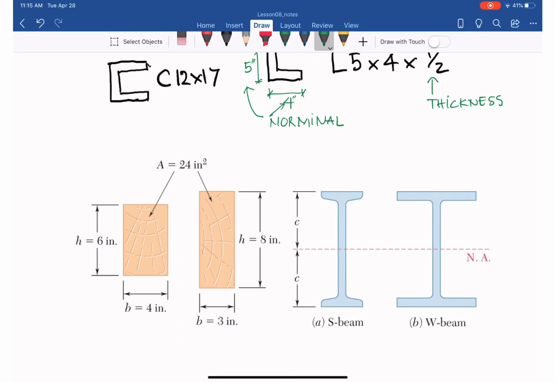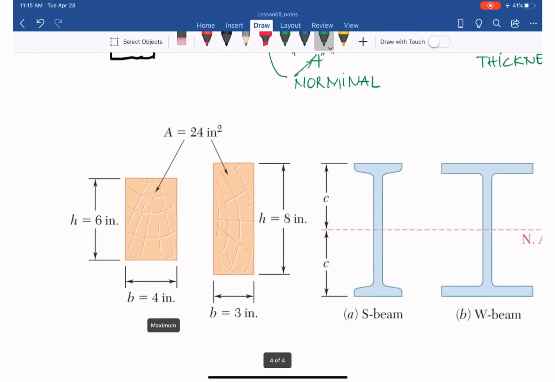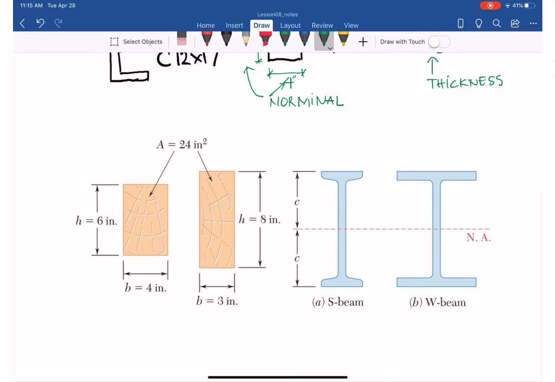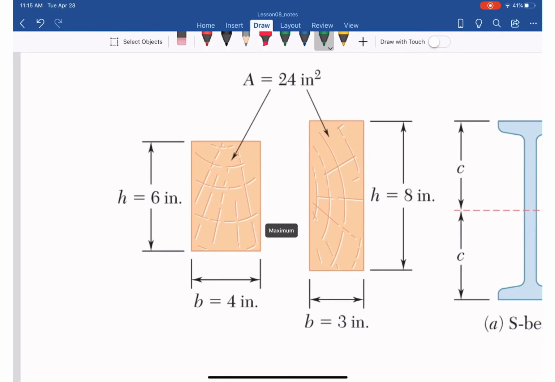So with different shapes, even with the same areas, keep in mind, for example, for the two rectangles of wood, here 6 by 4 is 24 square inches. And then the other one also 3 by 8, 24 square inches.